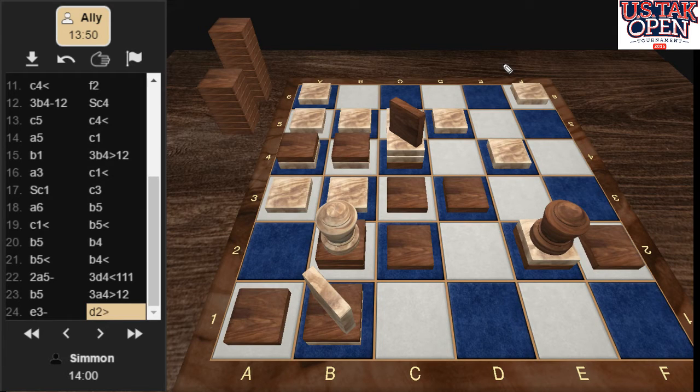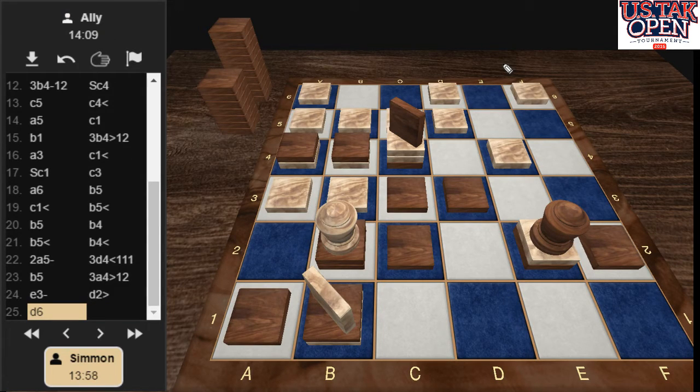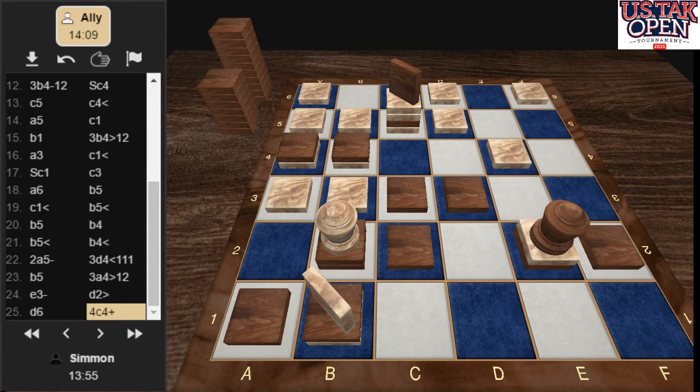Well, I'm looking here. Really, Ally has to look for any kind of move that is a capture from Simmon, because they are getting close to the same number of pieces left by black here, and so Ally does need to win quicker rather than slower.